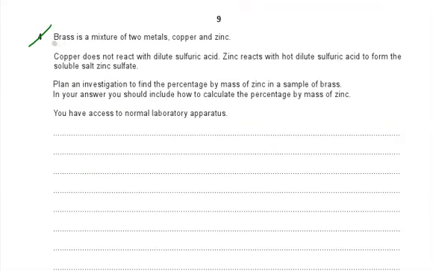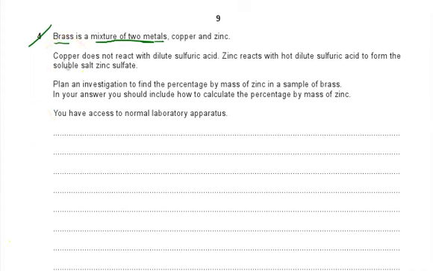Okay, number 4. Brass is a mixture of two metals, copper and zinc. Copper does not react with dilute sulfuric acid, but zinc reacts with hot dilute sulfuric acid to form the soluble salt zinc sulfate.